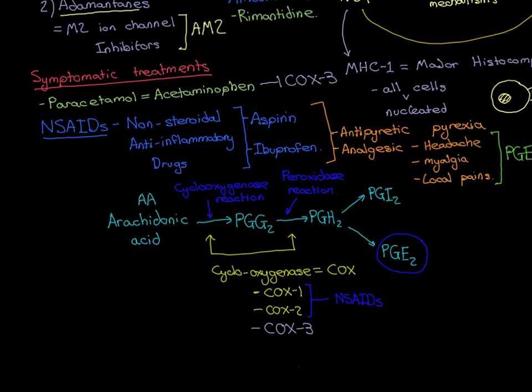We were really hopeful when we found this enzyme COX-3 that it was the reason that paracetamol was effective. The problem is it doesn't actually seem to be in the tissues where the prostaglandin E2 is being produced that produces these symptoms, and therefore we can't explain paracetamol inhibiting this enzyme as the reason that it blocks the production of prostaglandin E2 in these tissues, because that enzyme we don't think is actually in those tissues.